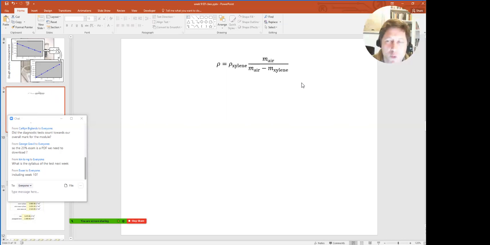And what we did in the face-to-face class was we looked at the data we'd measured for these, and we looked at the error propagation through that, so that for each sample we took, we could look at the errors in the measurements and then calculate the expected error in the calculated value of density.